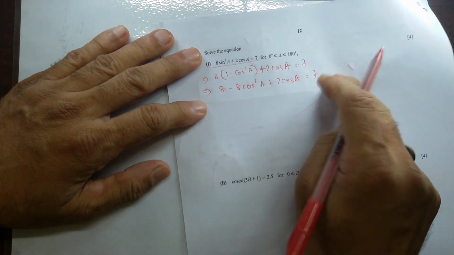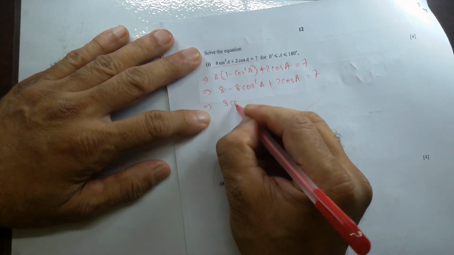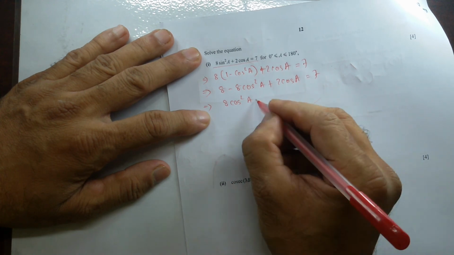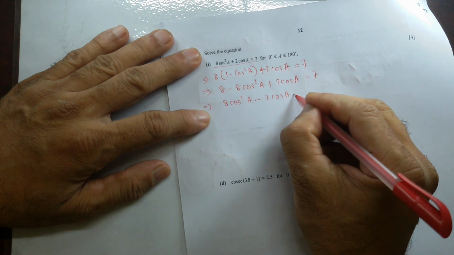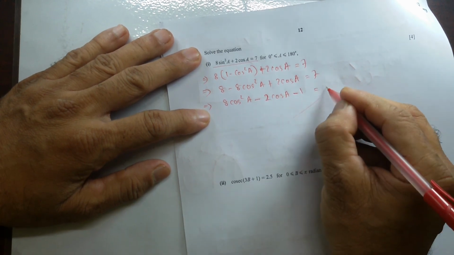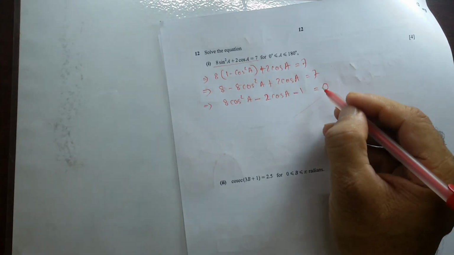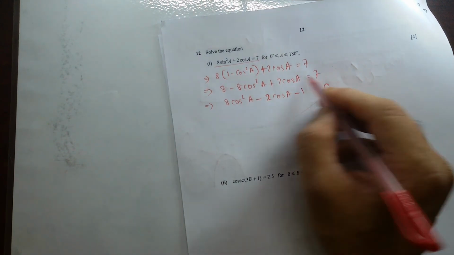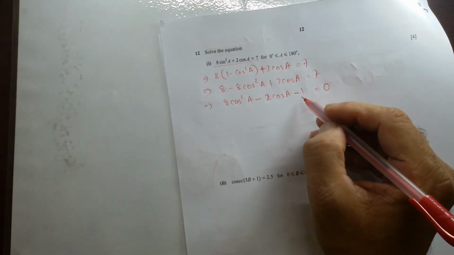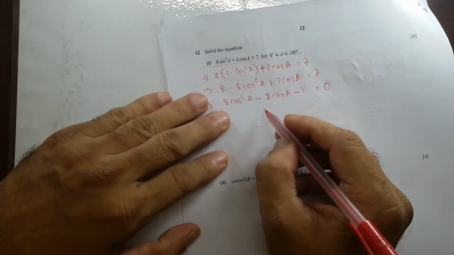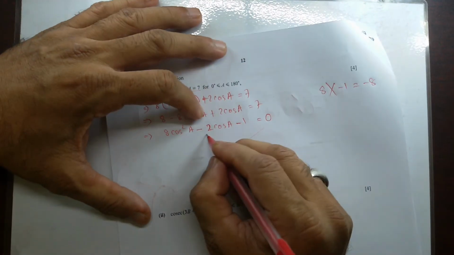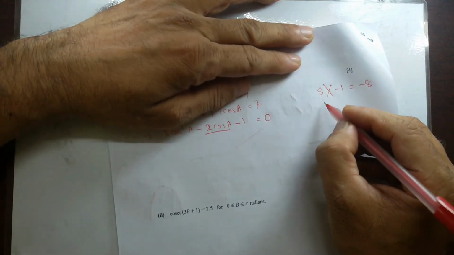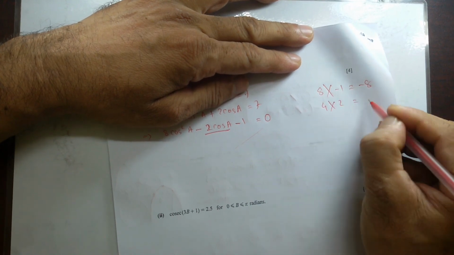If we take everything to one side, it's going to be 8 cos squared A minus 2 cos A minus 1 equals 0. Now it's 8 times minus 1, so the product has to be minus 8, and the difference has to be 2. If I take 4 times 2, that's 8.